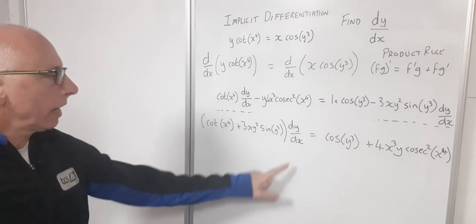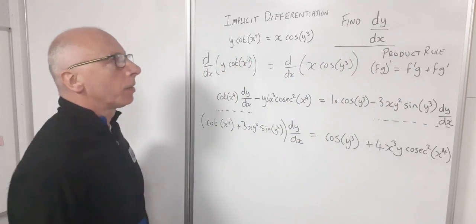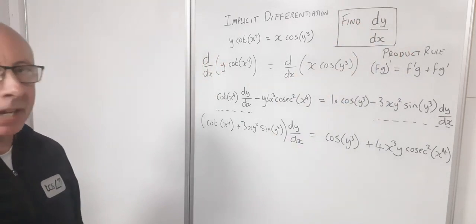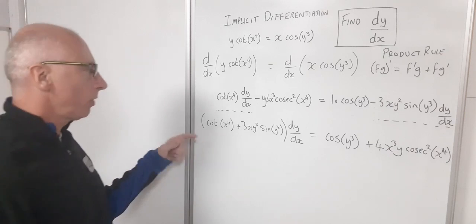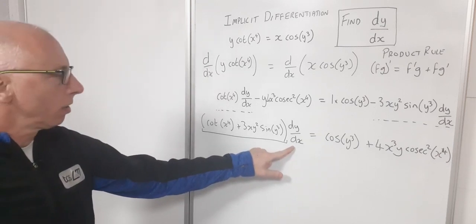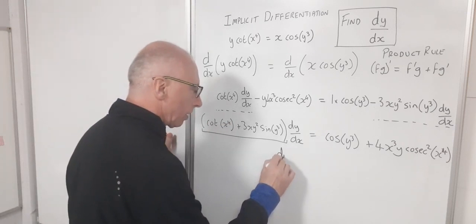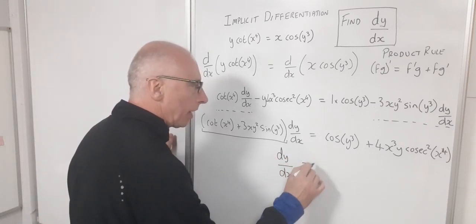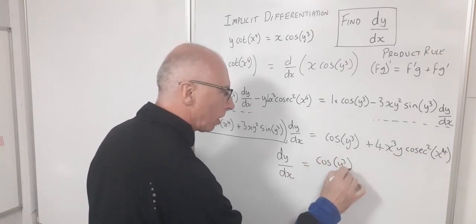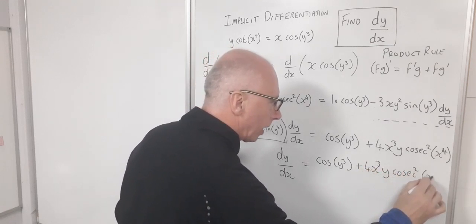Now the goal is to get dy dx. That's what we're looking to find, is this bit here. So to find that, if I can isolate dy dx from this equation, that's simply my answer. So let's do that. So if I divide both sides by this inside here, my dy dx will be isolated. So divide this side by that just becomes 1. So that leaves me with dy dx. And then I've got this term on the right hand side here, cosine of y cubed plus 4x cubed y cosecant squared x to the 4.